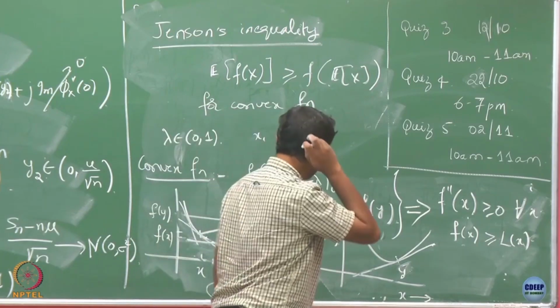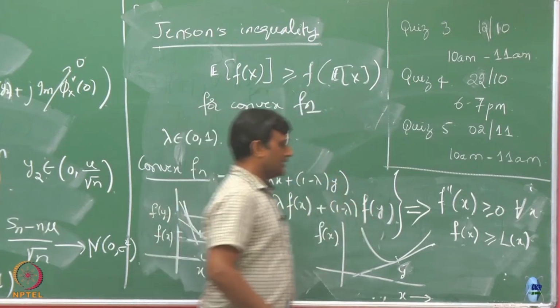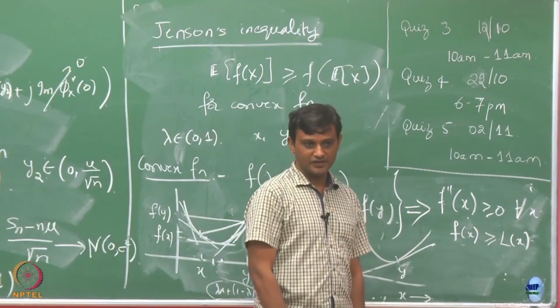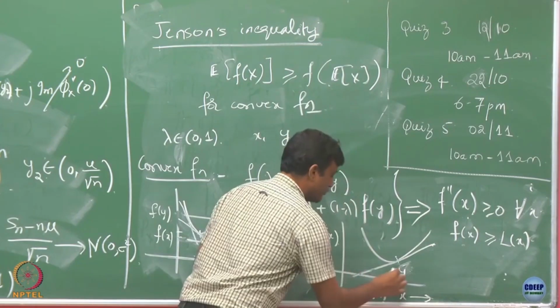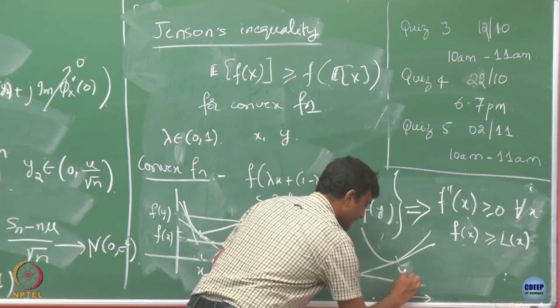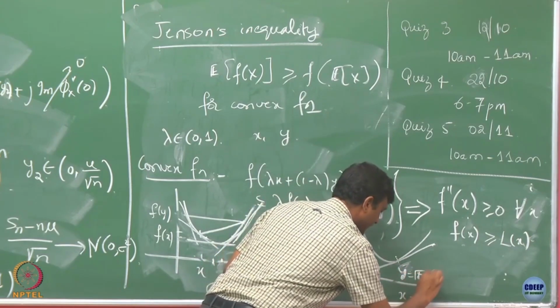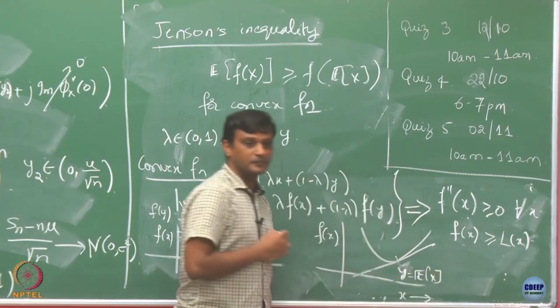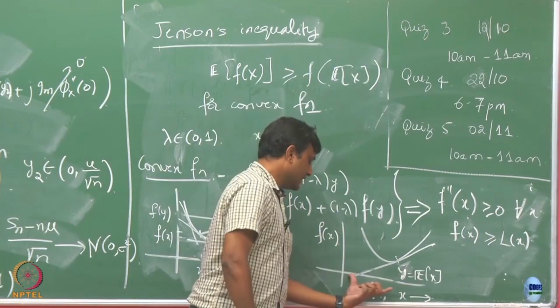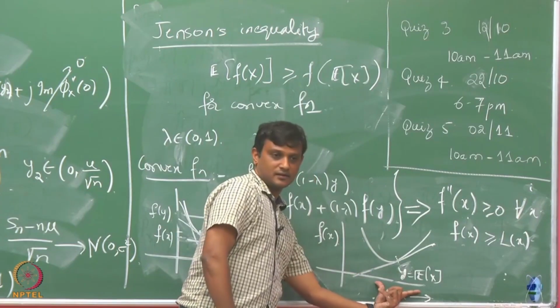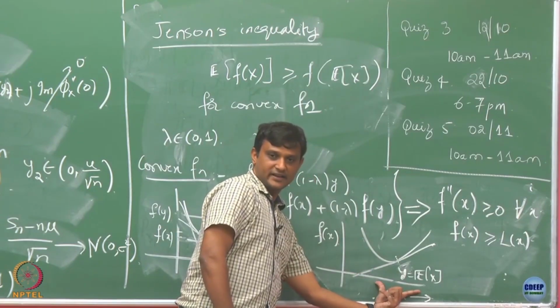Now let us take expectation of these functions, and in particular I would be interested in taking this y to be expectation of x. So expectation of x is going to be somewhere in the middle of my domain, right.